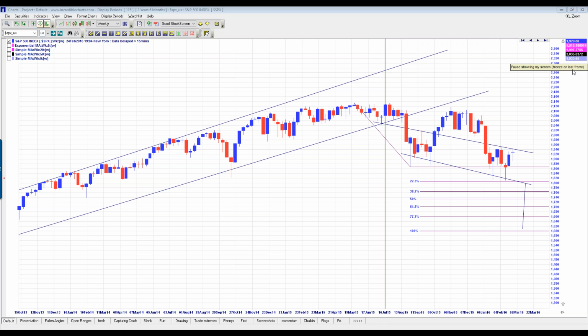So long story short, what I'm trying to get across, and why I talk about the difference between a swing trader, a day trader or a long-term investor, is that no matter what time frame we're looking at, the market moves within very clearly identifiable levels.